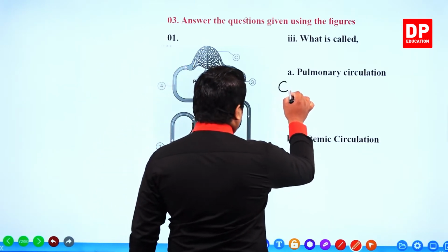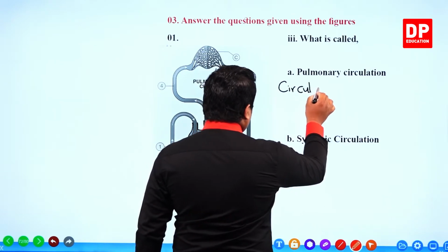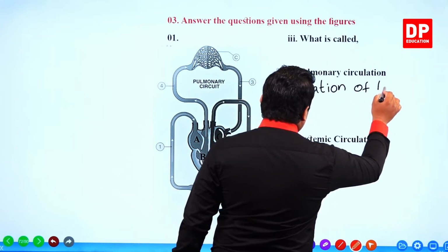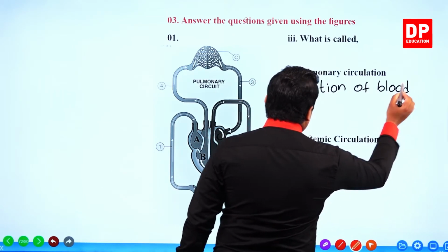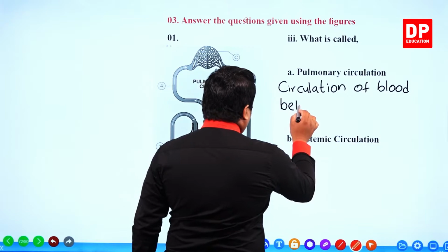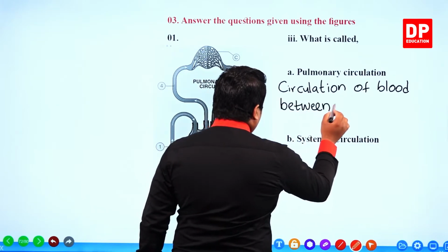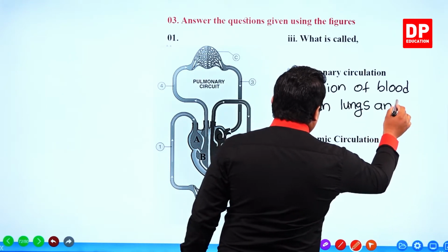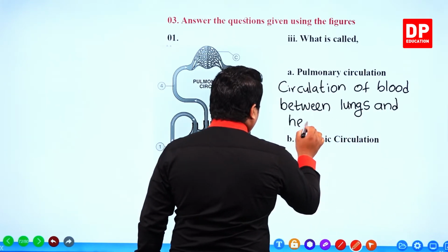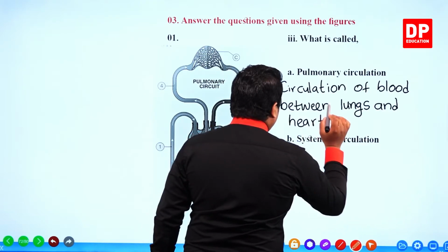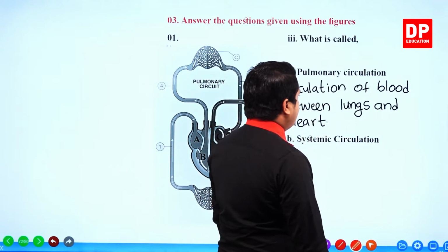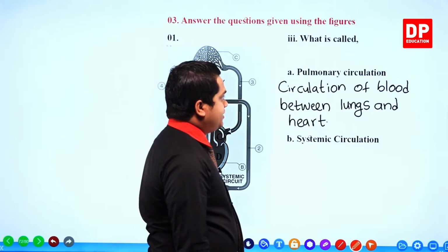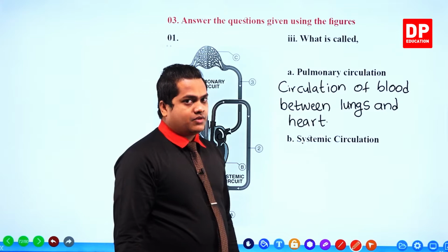So circulation of blood between lungs and heart is called pulmonary circulation.